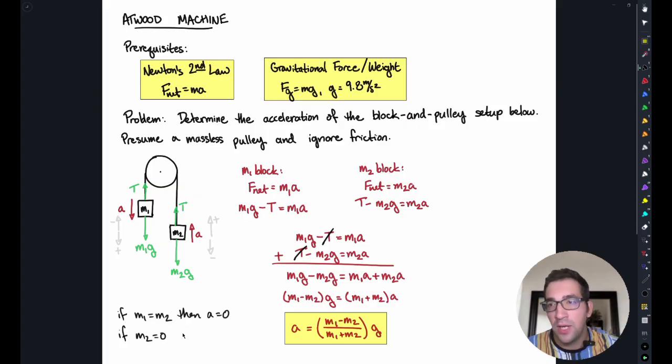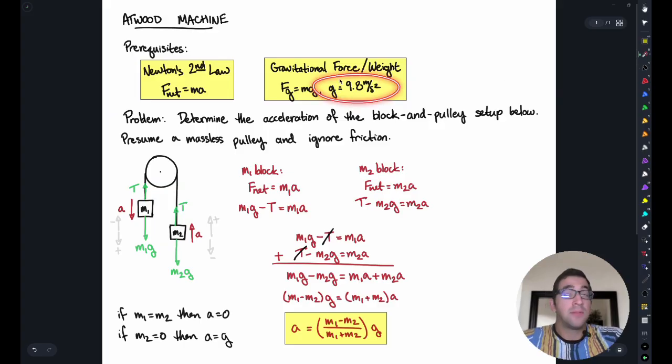If we plug that into the equation here, if m2 is 0, those terms go away. We have m1 over m1, which is just 1. And then it's 1 times g. So the acceleration is just g. And so that means that it's basically in free fall because that gravitational acceleration represents the acceleration of an object when it's just in free fall. So that also checks out. That makes sense.